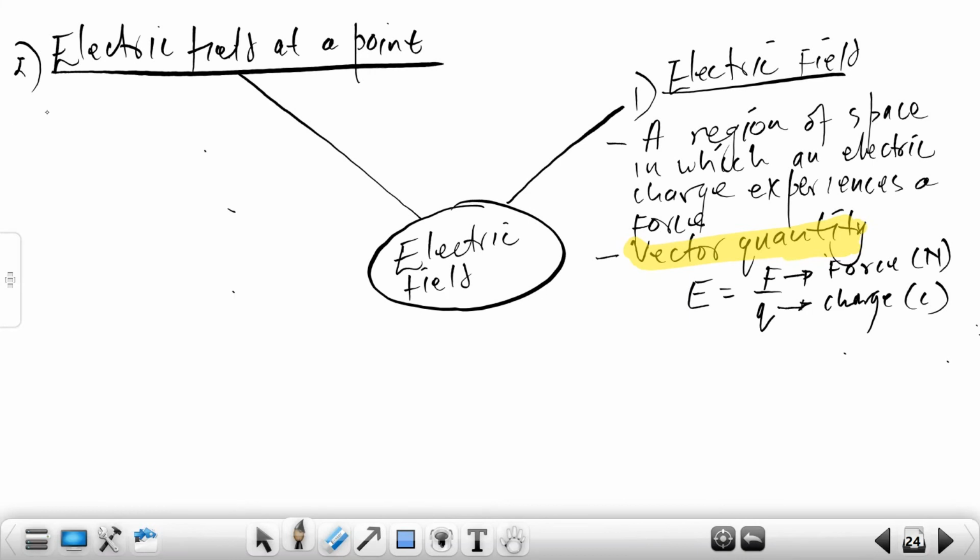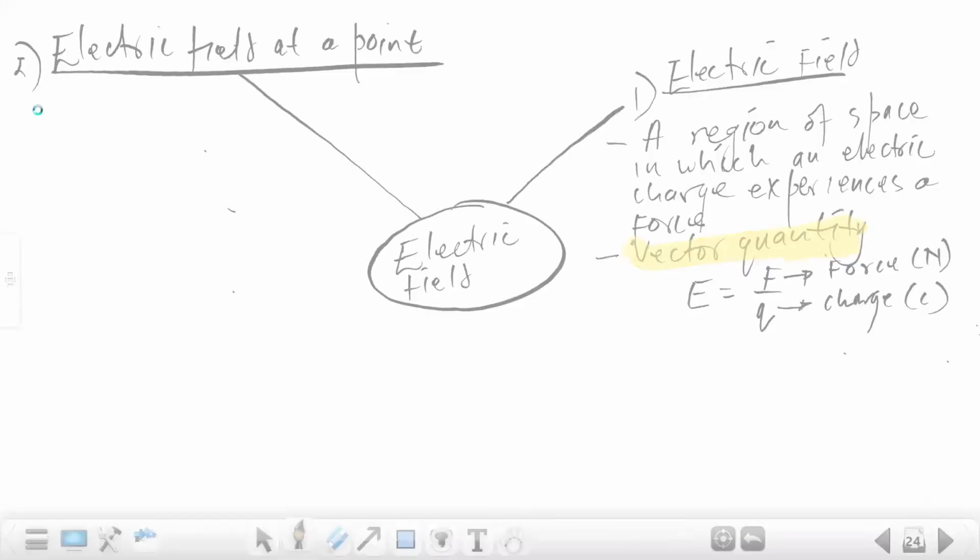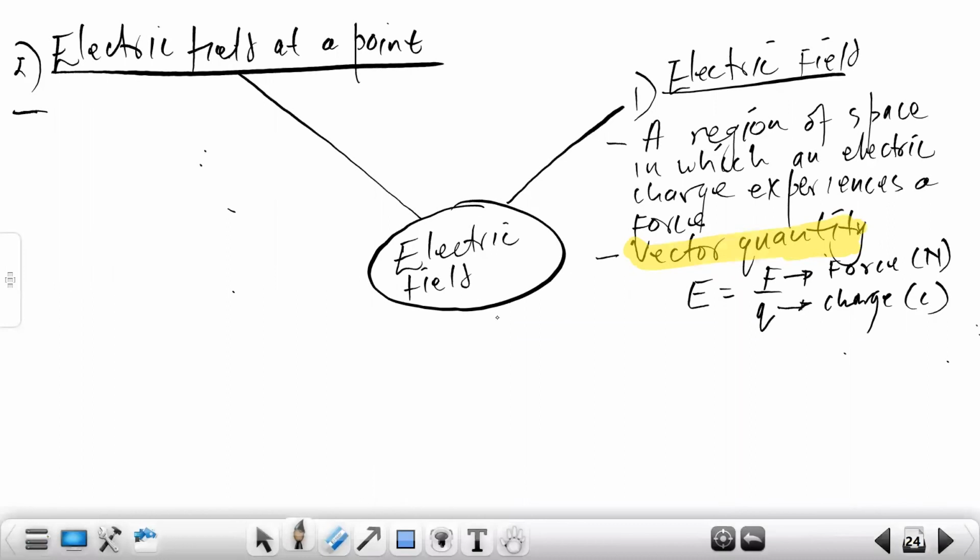The definition is the electric field at a point is the electrostatic force experienced per unit positive charge placed at that point. I'm going to write it down and we scrutinize it further. We have a charge at a specific point, and that charge is now experiencing a force. That is what it basically says.